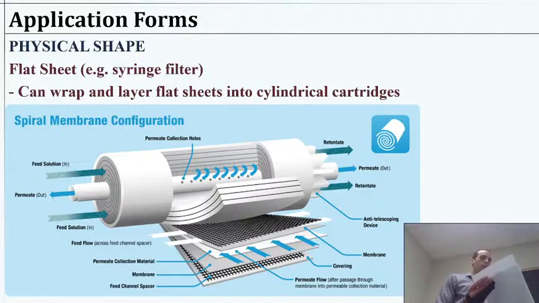So instead of operating each sheet individually, what we can do is arrange them with some sort of spacing between. And if we space them between each one, then we can actually wind them, as we see in that picture, around themselves.